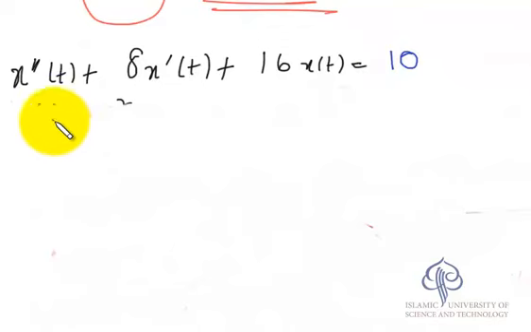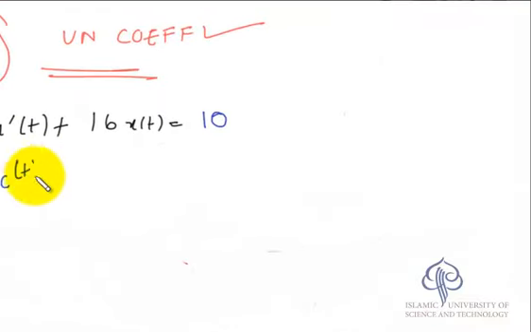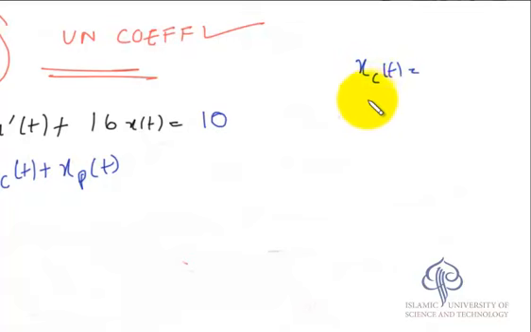So the solution is going to be again xc(t) plus xp(t). We already know xc(t). We have found it because we have found the solution of the homogeneous part.